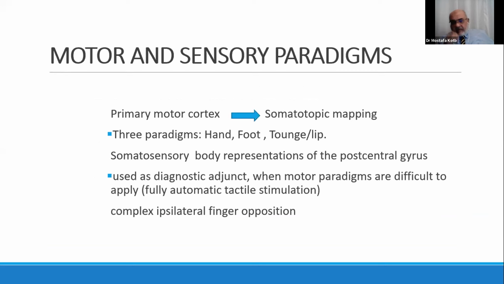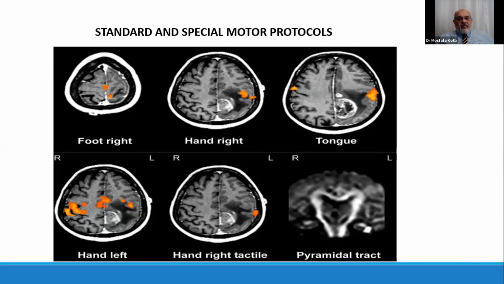The sensory paradigm, which is slightly less difficult to apply, usually examines ipsilateral finger opposition and touch sensations in the extremities. These are examples of functional MRI for the motor paradigm for the foot, hand, and tongue, showing the pyramidal tract.